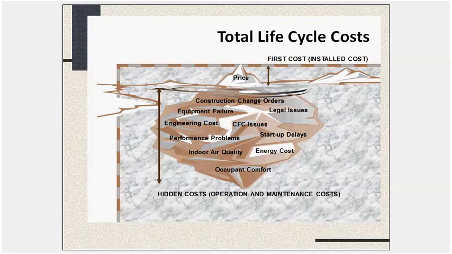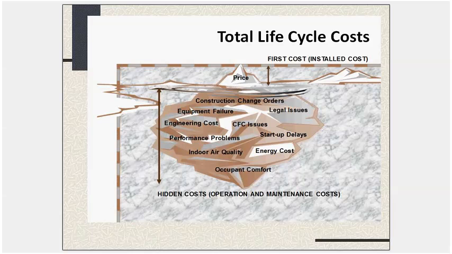So this little iceberg here is sort of the heart of the ESCO model in a way, because we all know that if you want to go out and spec and bid a project, you can do that. But if you're focused only on first costs, you might be missing the bigger picture. What about equipment failures in the future, or performance problems in the future, or energy costs in the future? In other words, if you look at the life cycle cost, there's lots of other things to consider besides the first cost of equipment.